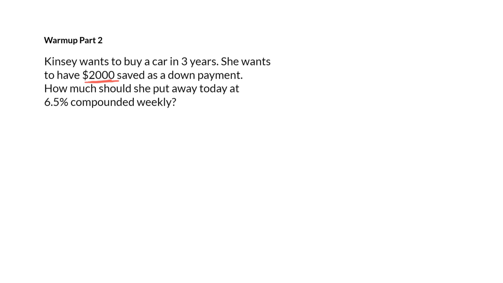Now, the fact that she wants to buy a car in 3 years means she has to have a total amount of money that she wants to have at the end of those 3 years. In this case, she says she wants to have $2,000 saved as a down payment. So we want to know how much she has to put away today at 6.5% weekly. So we have to figure out which one of the equations we're going to use.